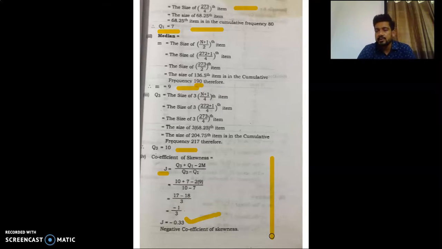So you just have to write one line below that there is a negative Bowley's coefficient of skewness in this particular discrete series. So this is a problem of Bowley's coefficient of skewness, discrete series.